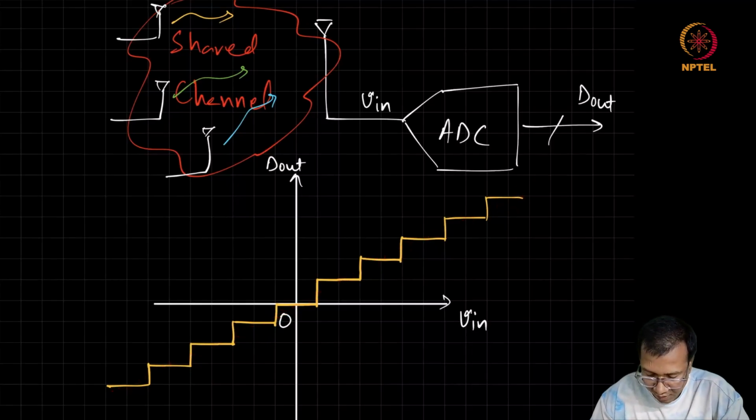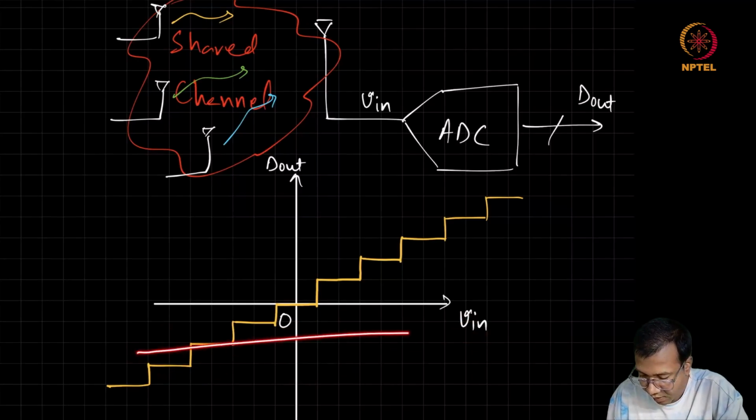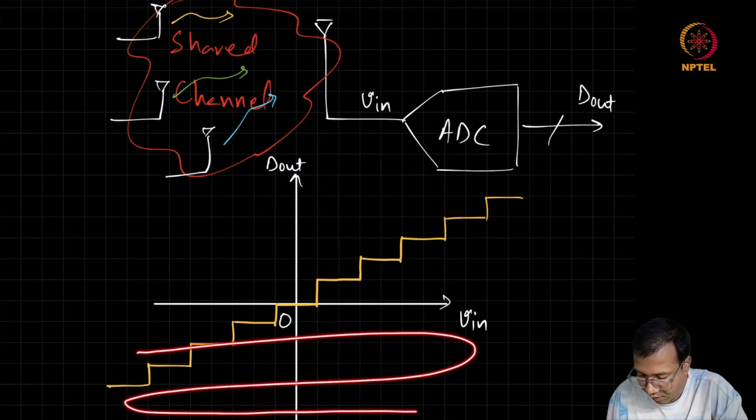Now, if we want to design our ADC to process the input voltage, we need to make sure the input voltage is able to cover the entire input dynamic range of the ADC.